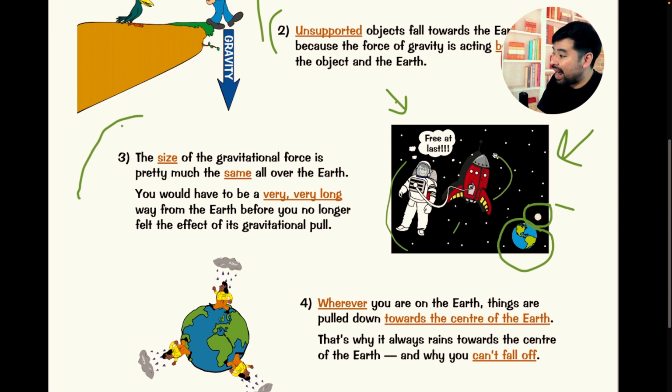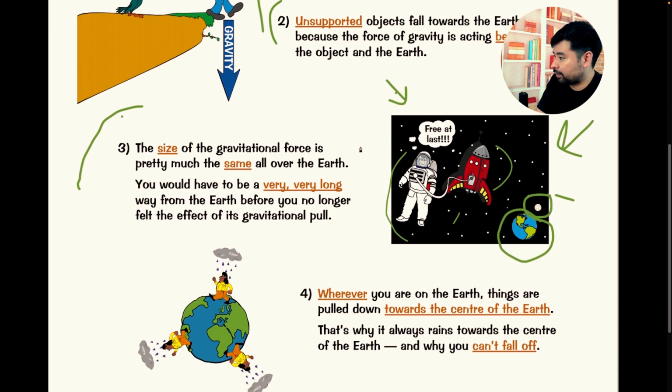Because they are outside of our planet, they don't feel the effect of gravity. Why? Because there is no gravity outside. So of course they can move however they want without this force on them, okay? So that's why when we go outside, we start floating, like in the air, okay?